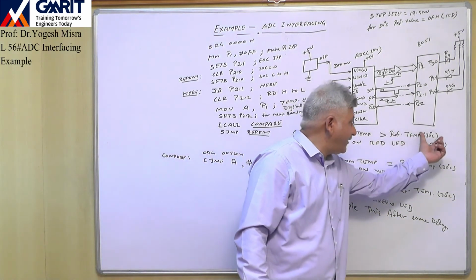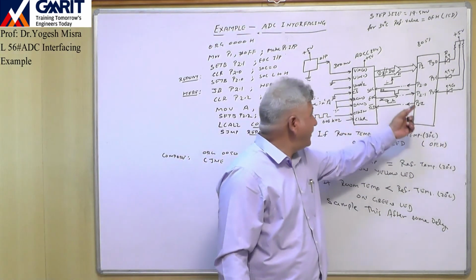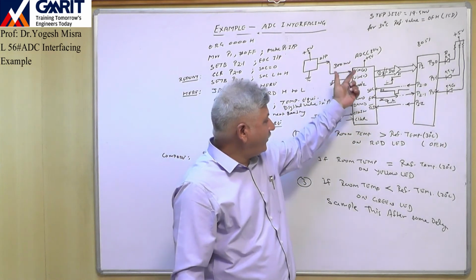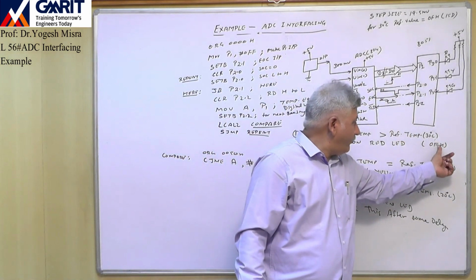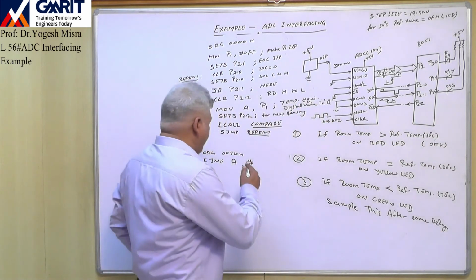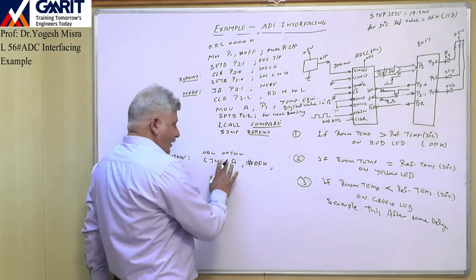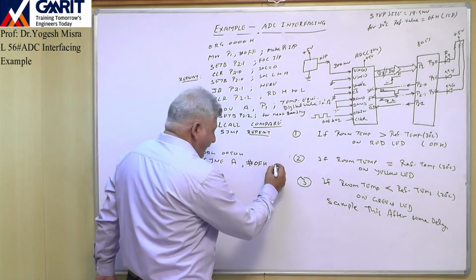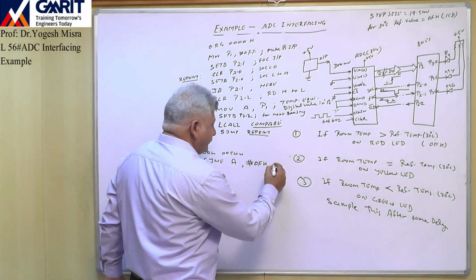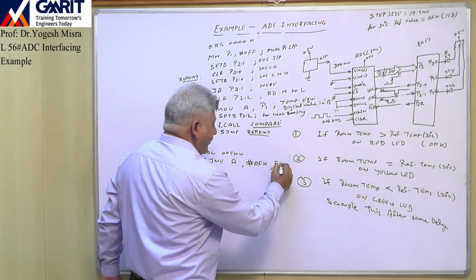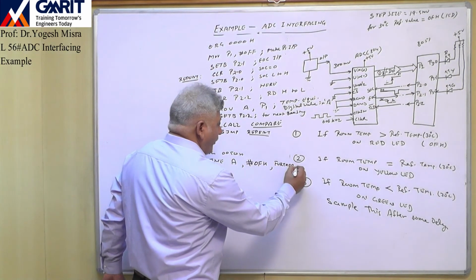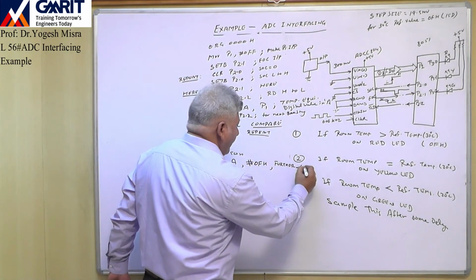Reference temperature is 30 degrees Celsius, and for 30 degrees Celsius, for this particular interfacing, we will have the value 0FH. So it will be compared with 0FH. And if both values are not equal, then go to further underscore compare.